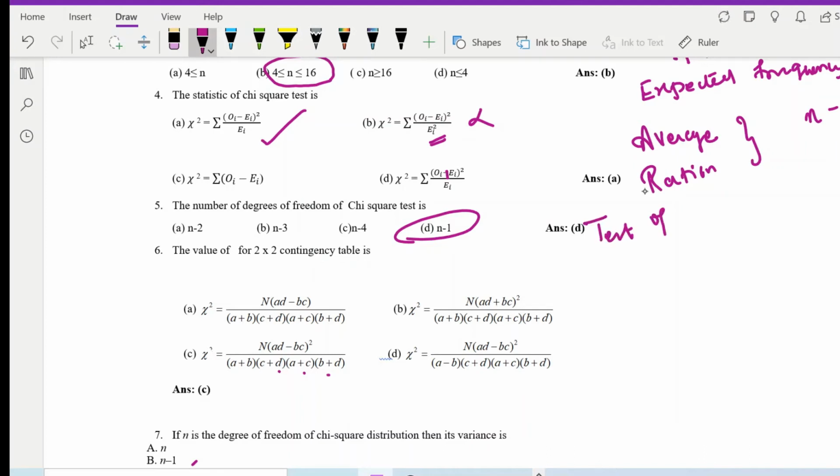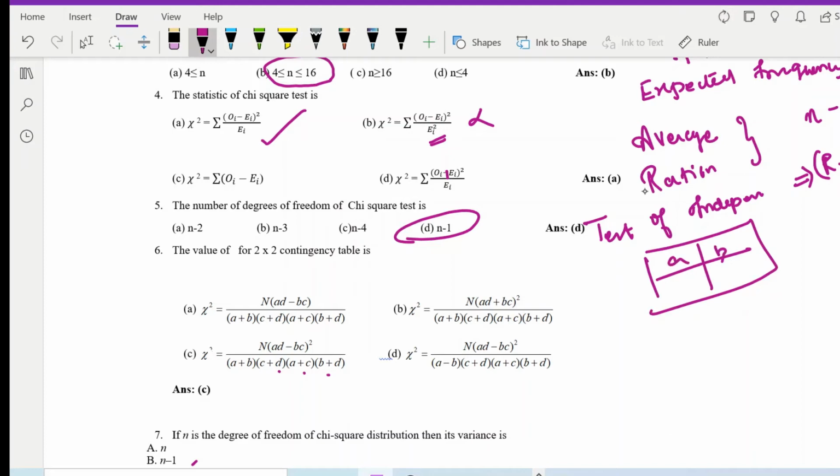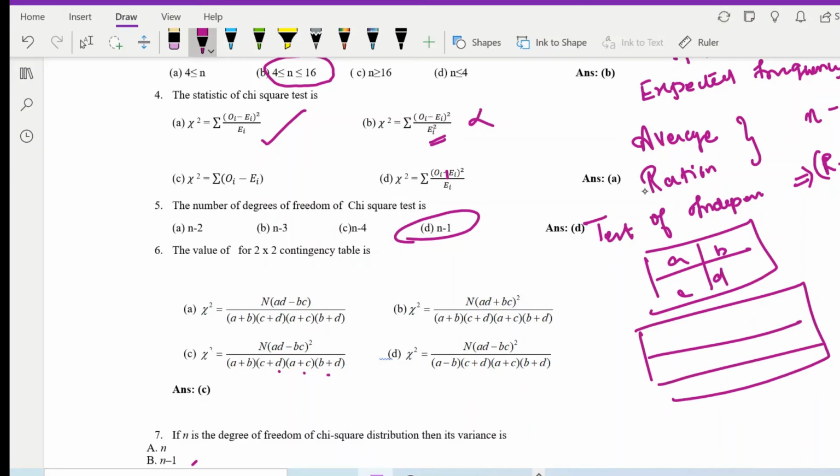Test of independence of attributes. For this type, the degrees of freedom is row minus 1 into column minus 1. Here the data are represented in a contingency table, A, B, C, D. This is a 2 cross 2 contingency table, but it may have n rows and n columns.